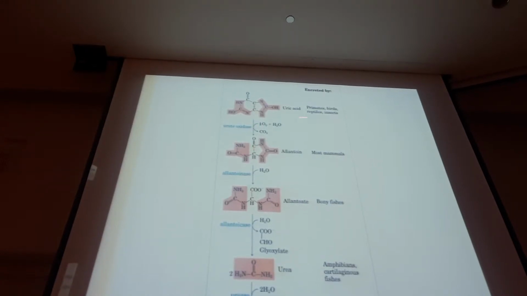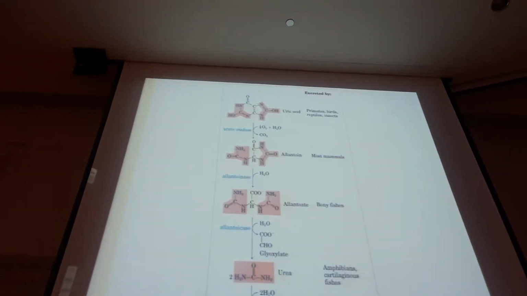Now, the reason you could say that in organisms like primates, uric acid is produced is to save water, okay, not to utilize too much water to get rid of these degradation products. But this comes at a price, as we'll see in a moment.